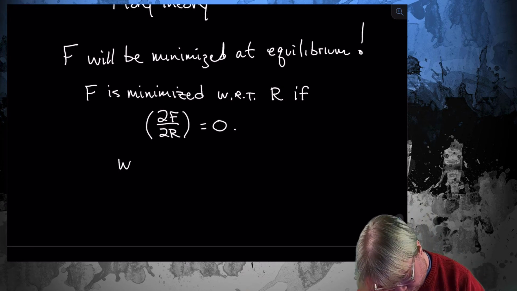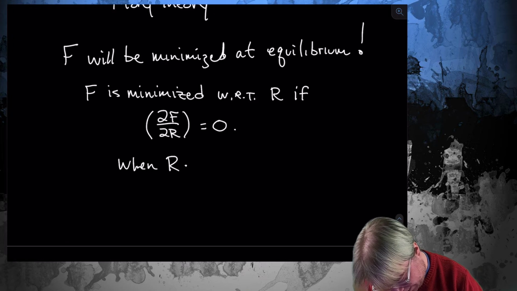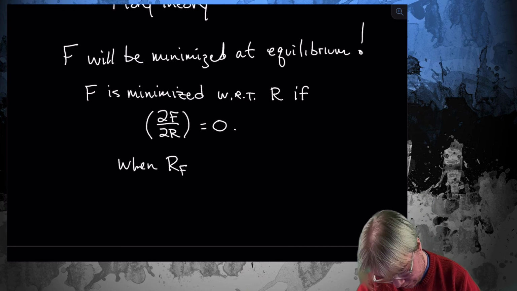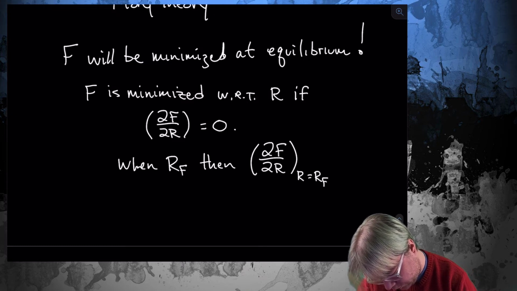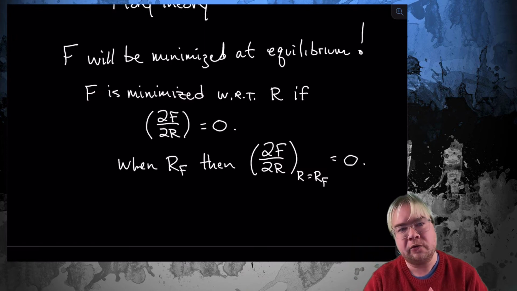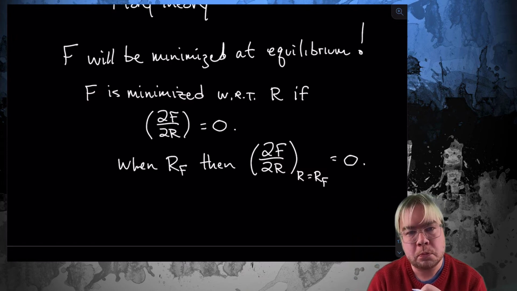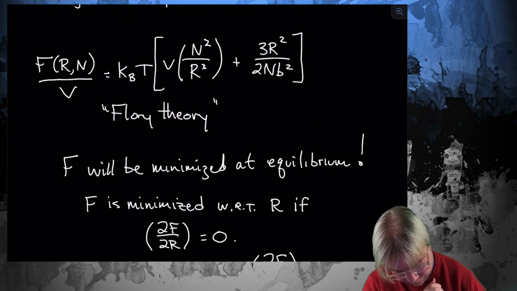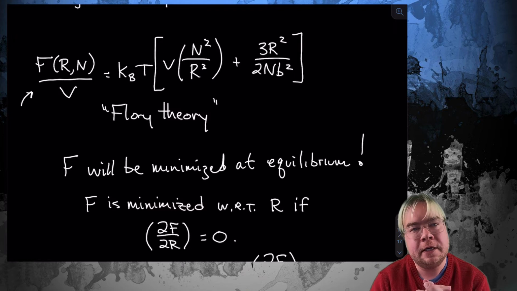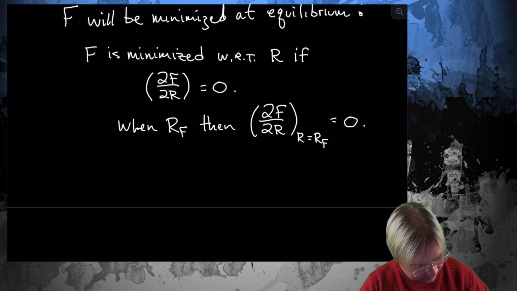So when RF is the size of the chain, then the partial derivative of that free energy with respect to R, evaluated for R equal to RF, will be 0. Pretty good. So we just have to do that. We're going to take the derivative of that equation, set it equal to 0, solve for R, and that will be our RF. So let's do this.